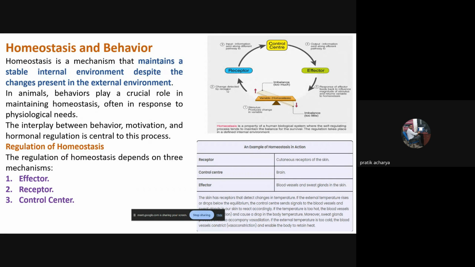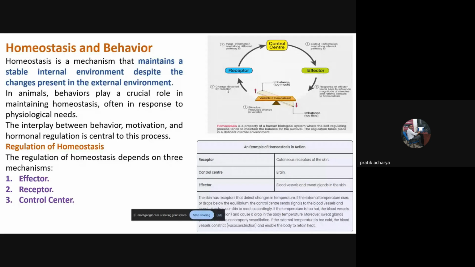That's why it sends certain messages to the effector organ to take that kind of action. If we are talking about temperature, when the outer temperature is rising, the body starts sweating. That means the receptors receive the stimulus that the outer temperature is rising.